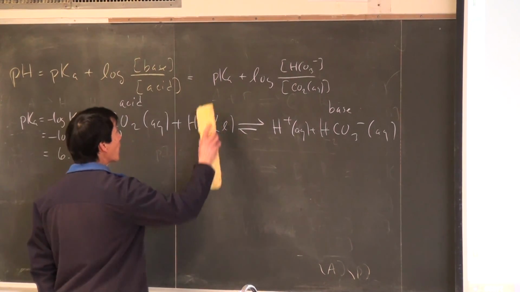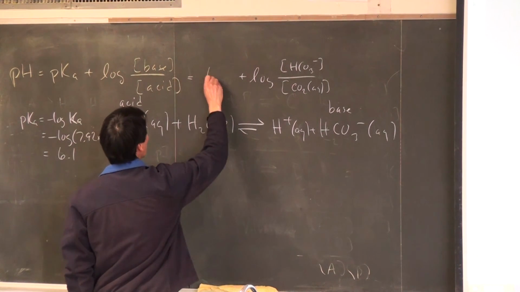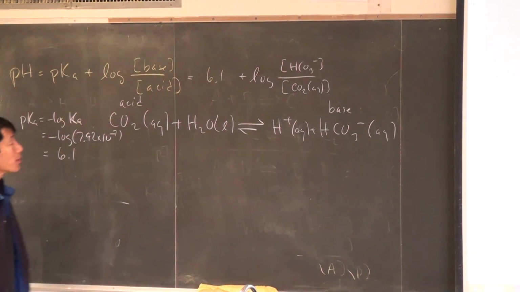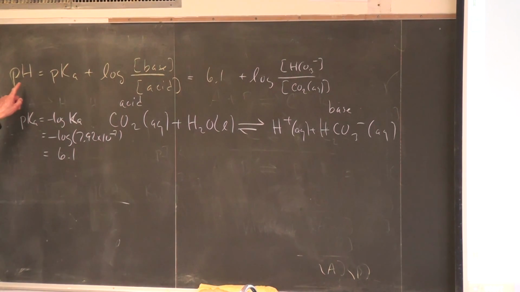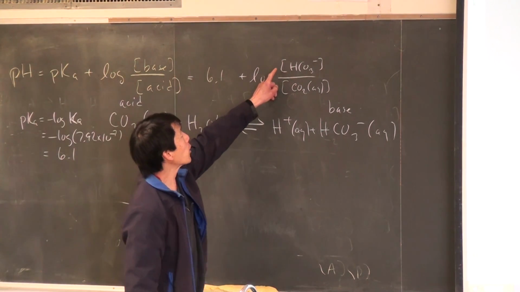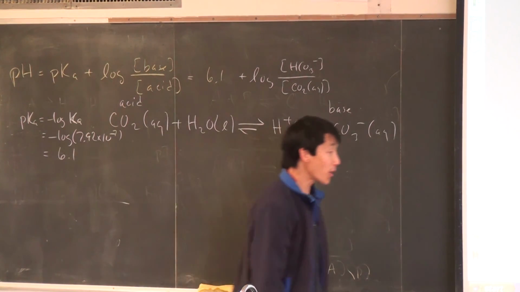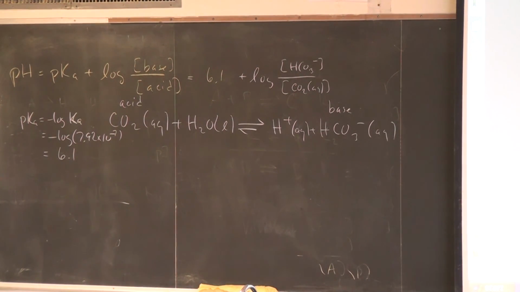Okay, so for our pKa, we can plug in 6.1. Okay, so in this equation, we know what the pH is. We know what pKa is. We know what HCO3 minus is, so let's solve for CO2. And do you get 1.2 times 10 minus 3?